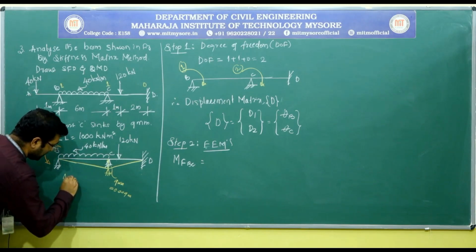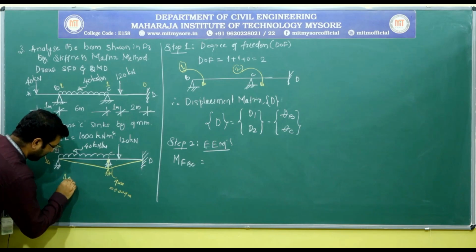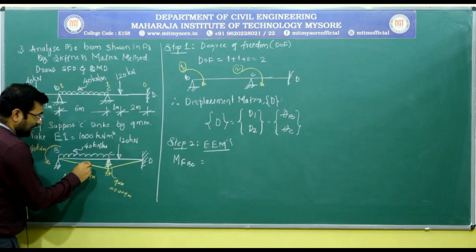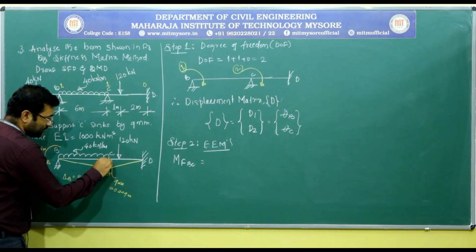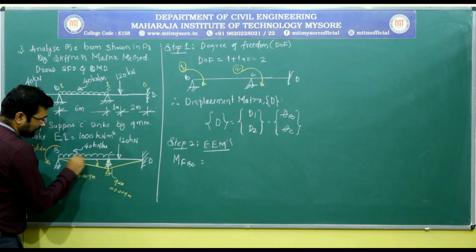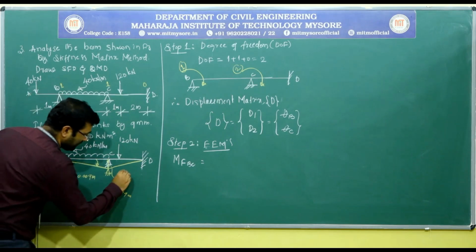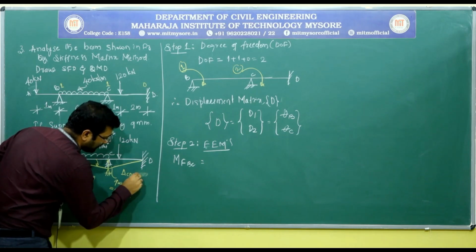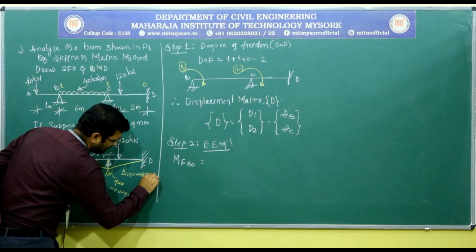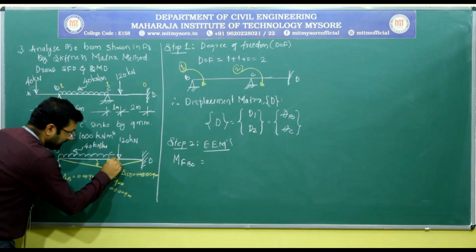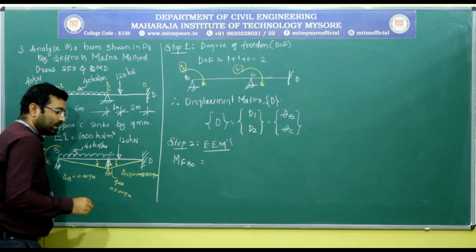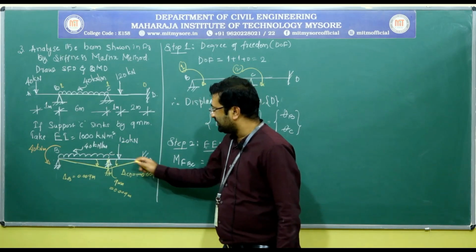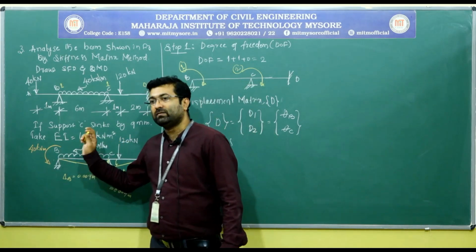It means delta BC is 0.009 meter, as because of the sinking of support C the beam is rotating clockwise, so I have taken the delta value as positive, whereas delta CD is minus 0.009 meter, as the CD beam is rotating anti-clockwise because of the sinking of support C. So this is a negative sinking and this is a positive sinking.